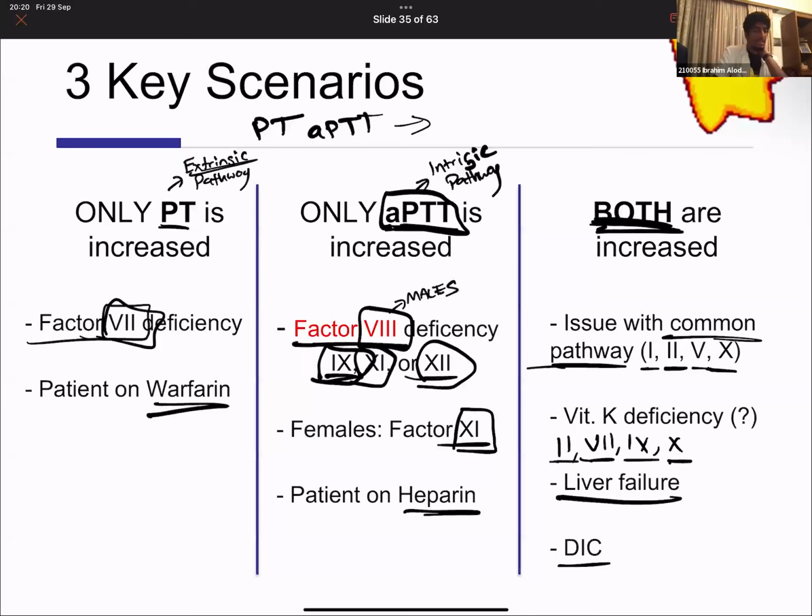But in terms of deficiency, factor 8 is most likely to be deficient in males, and factor 11 is most likely to be deficient in females. Any other questions regarding the slide? No. Awesome. Moving on.